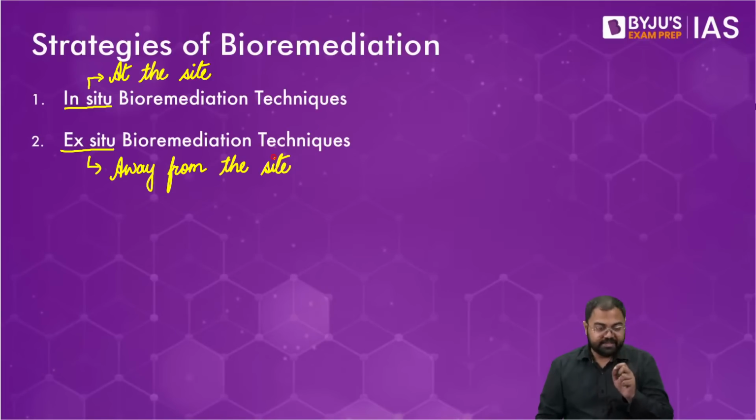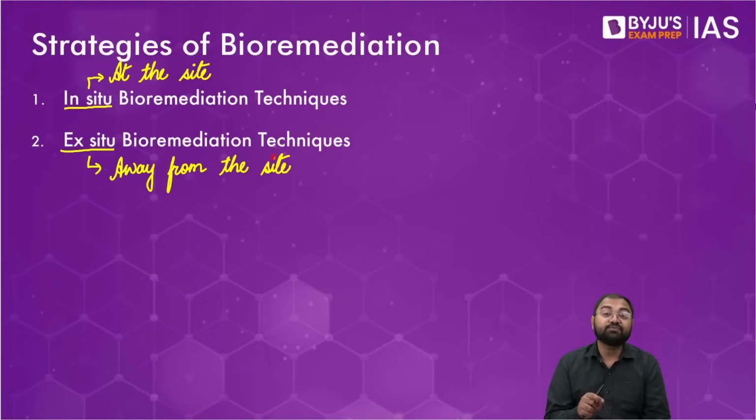Now, when we say in situ bioremediation techniques, we mean the kind of bioremediation that will be carried out at the site of contamination. Meaning, wherever contamination has happened, wherever you see some kind of pollution, we are trying to solve the problem there itself. Then in that case, it is called in situ bioremediation.